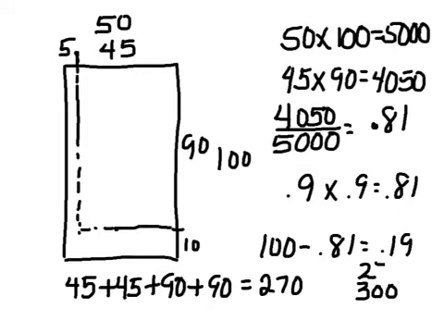And 270 divided by 300 is the same as 0.9 or 90%. Okay, so by taking 10% off of the towel, we lose 10% of the perimeter, but we lose 19% of the area.